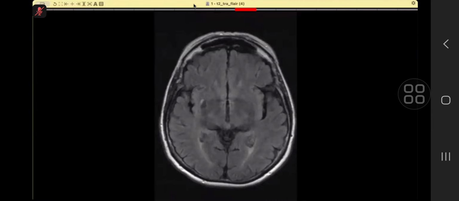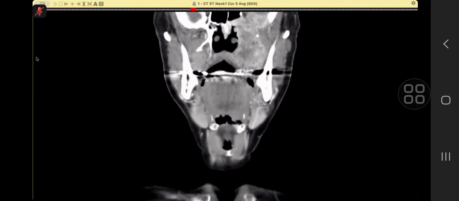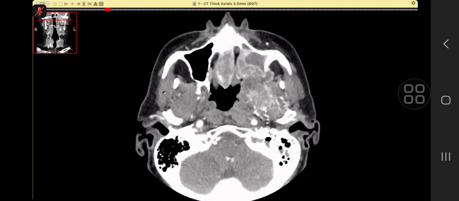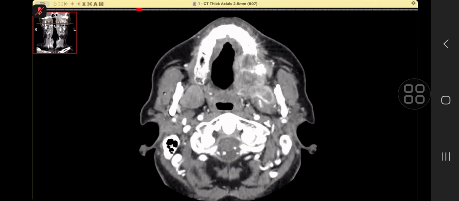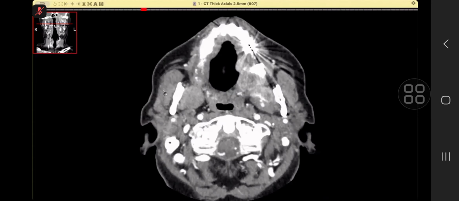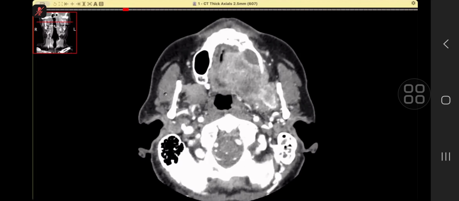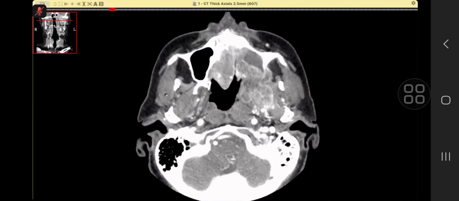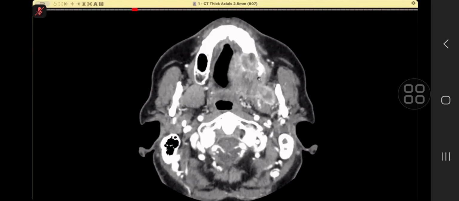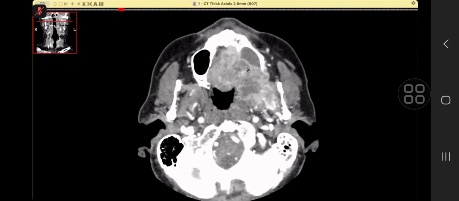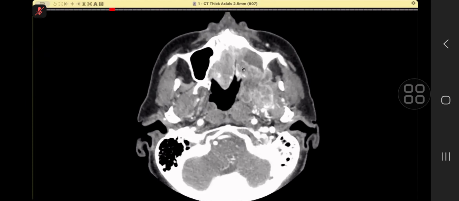Same thing on CT rather. So then we did a CT scan, and on CT scan, this is the post contrast, and on this post contrast, the point is that you have to scroll up and down to be able to pick up everything. Now, even here, one can argue that on an axial slice, you see this is the hard palate which is eroded.